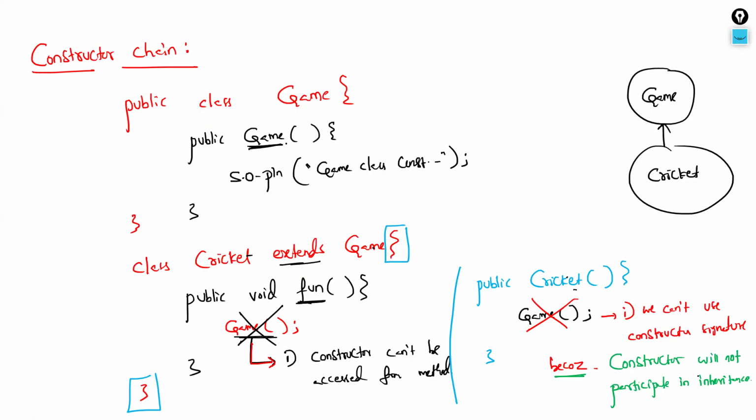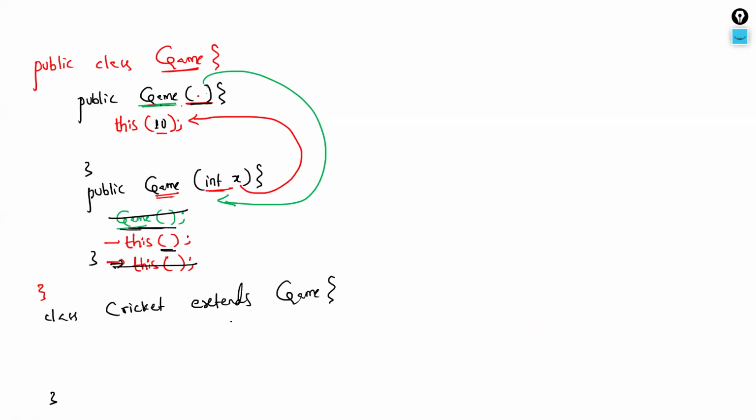Constructor will not participate in inheritance, meaning directly we can't access. Directly by using a constructor name, we can't access. Then is there any option? For that, the answer is from a child class constructor. So first let us have a child class constructor. What is the syntax? Access modifier, then constructor name, same as class name, then with arguments or without arguments, our choice.